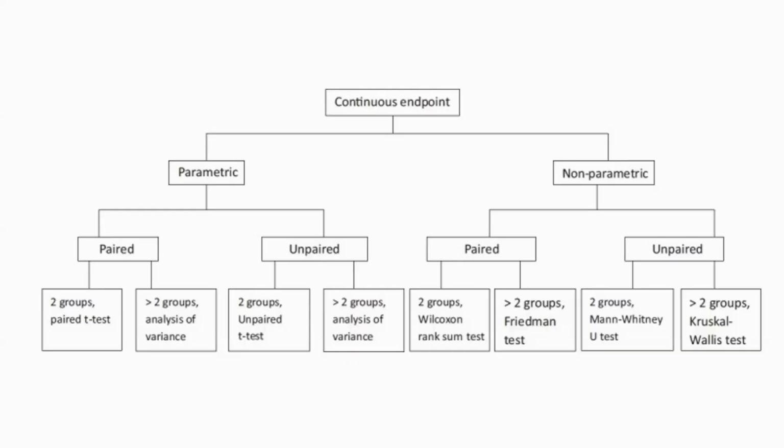In the paired case, for greater than two groups, it would be a repeated measures analysis of variance, where you have assumptions about the structure and the correlations between the pairs of observations. For non-parametric also, the design, whether it is a paired or unpaired sample, will determine what kind of tests we can use.